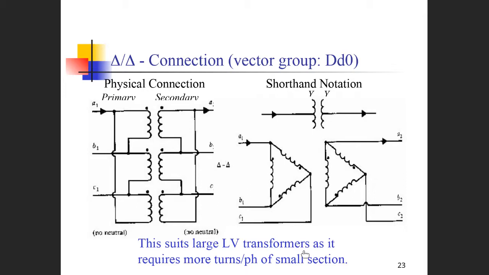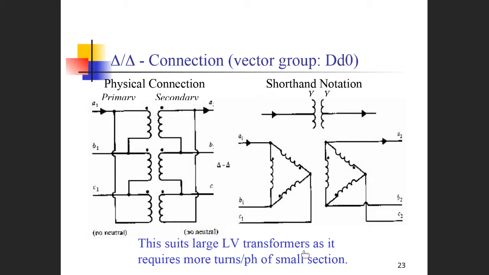Suppose one winding is for 220 volts, just 220 turns if we are using the star connection. If we are using the delta connection, at 380 volts, we need about 380 turns per winding.